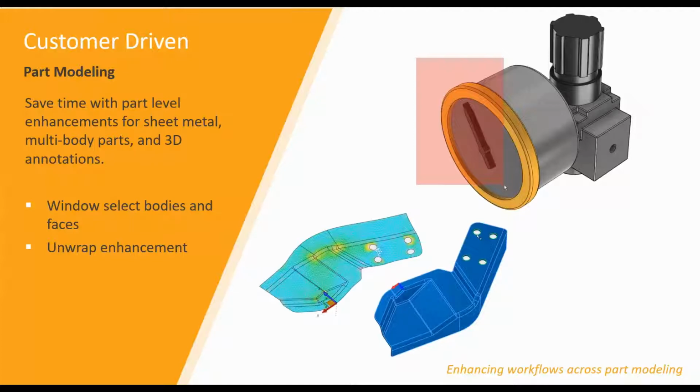Now the unwrap command has also been improved with the help of the option to select multiple planar holes to be rigid. You can rename the unwrap command while you're creating the unwrap. You don't have to go back into your model browser just to rename it. You can align the results to the model or to the X, Y, XZ, or YZ planes.